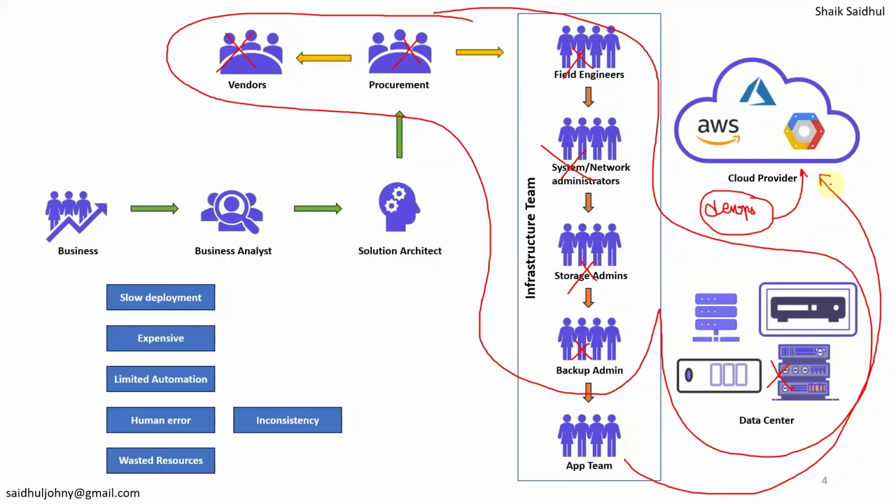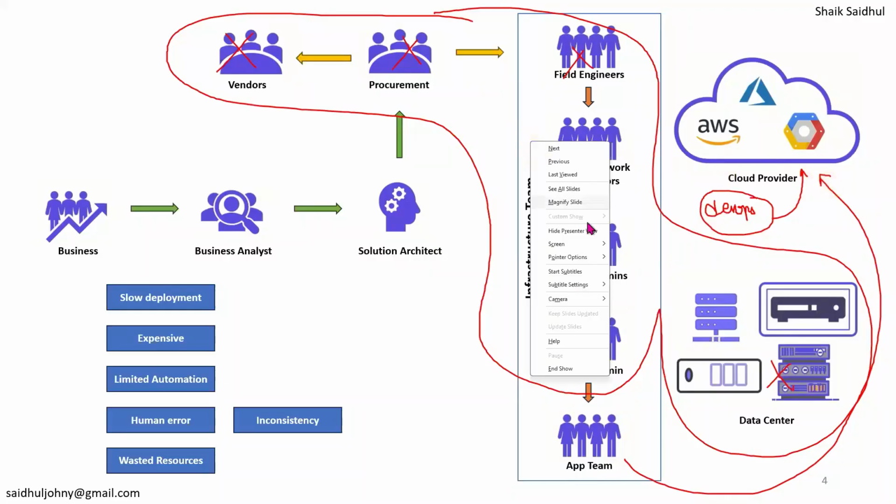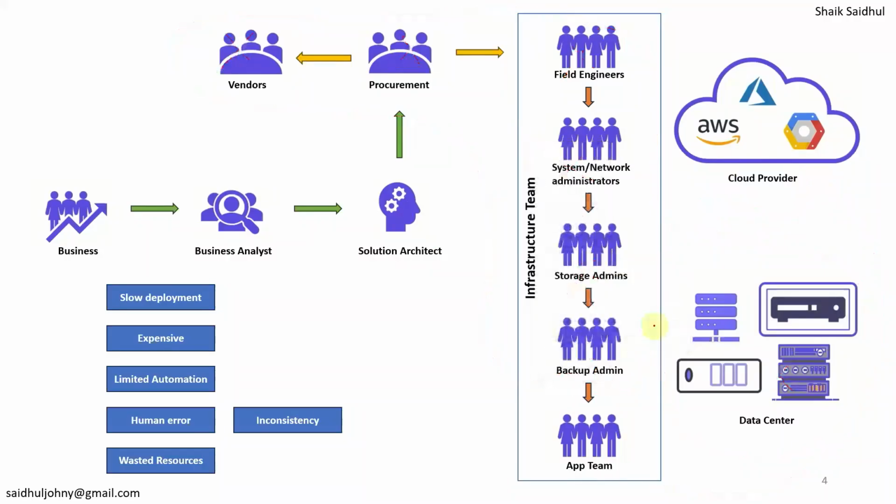When you are working on cloud platforms, the deployment is faster, because there are not so many steps: no hardware purchasing, no delivering it to the data center, no configuration setup, no storage setup. That is the reason deployments are faster in the cloud computing model, so I have removed the slow deployment option here.